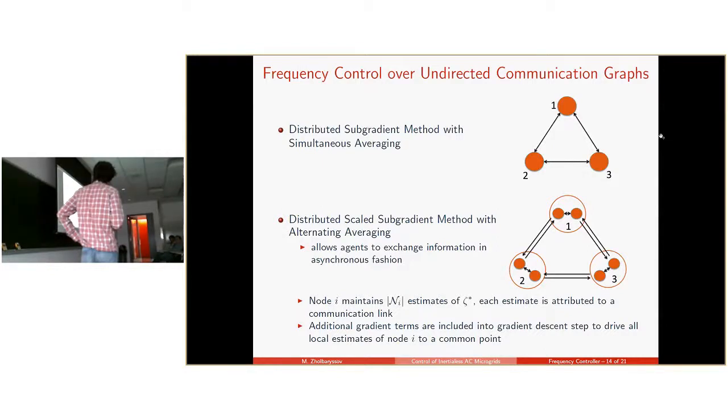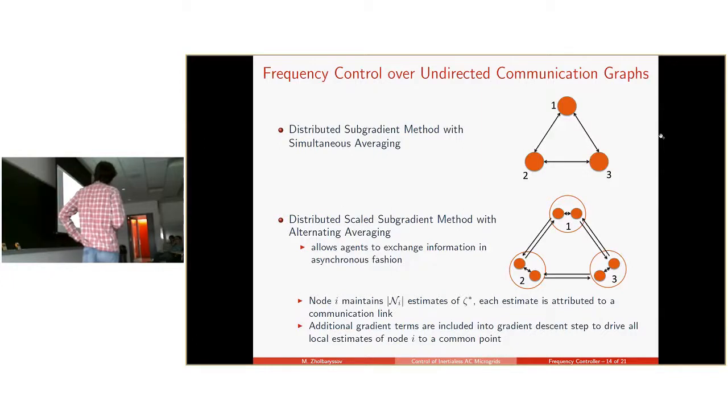Instead of maintaining only one estimate of zeta star, we maintain, for example, in this case, node 1 maintains two estimates. One estimate for link 1,2, and the other estimate for link 1,3.